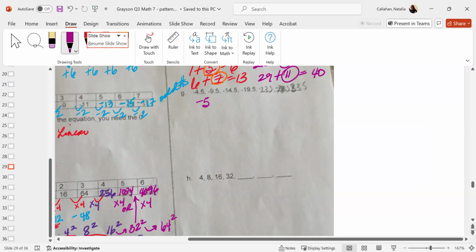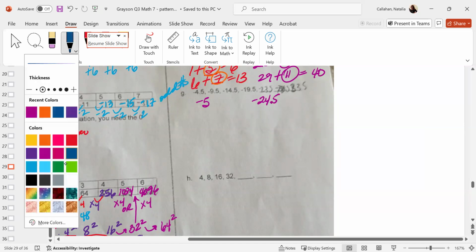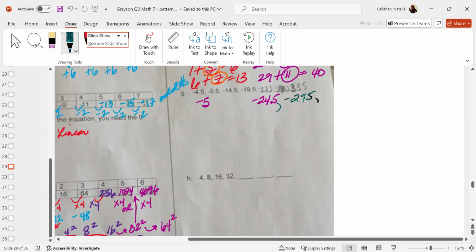You got your answers wrong. -19.5 minus 5 is not -23.5. It's -24. How are you getting that wrong? I don't know. You tell me. Is this linear or exponential?